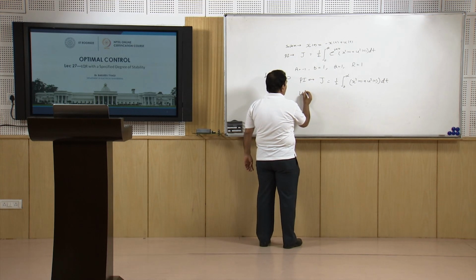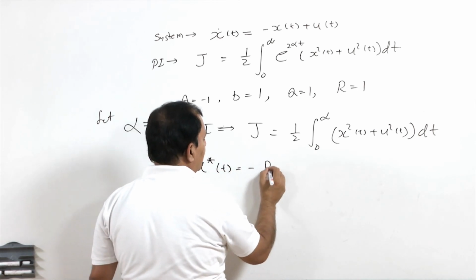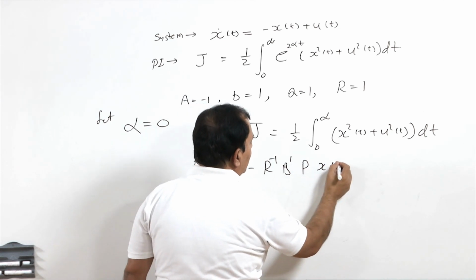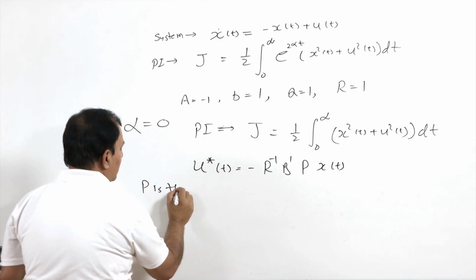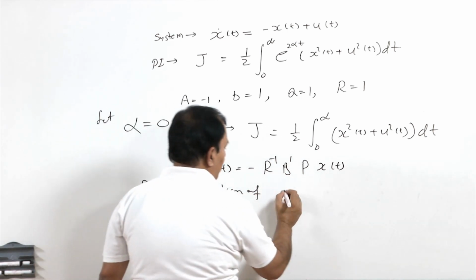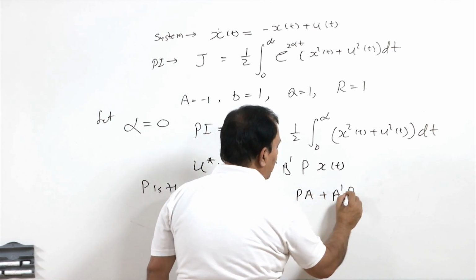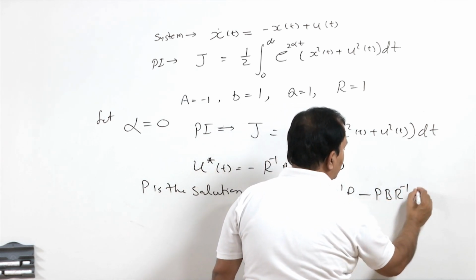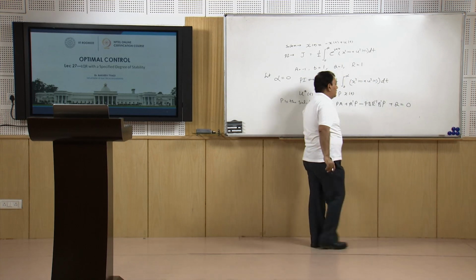So, my optimal control is nothing but minus R inverse B prime P x t, and P is the solution of my P A plus A prime P minus P B R inverse B prime P plus Q equal to 0.